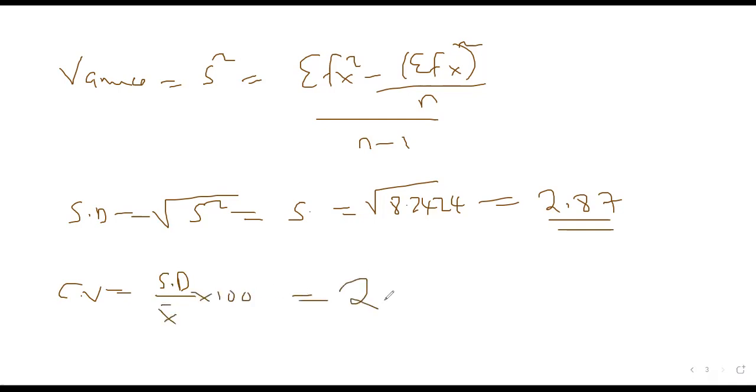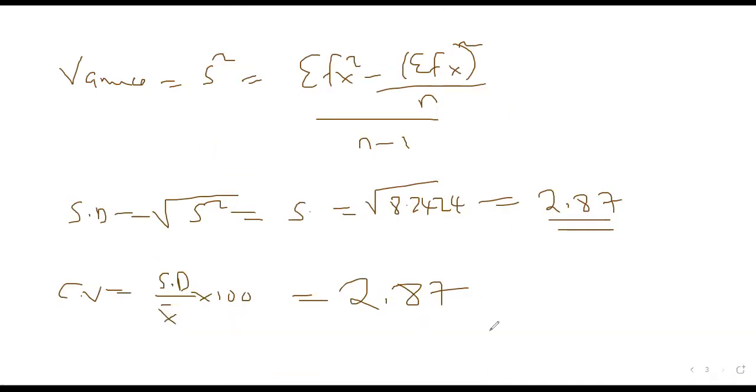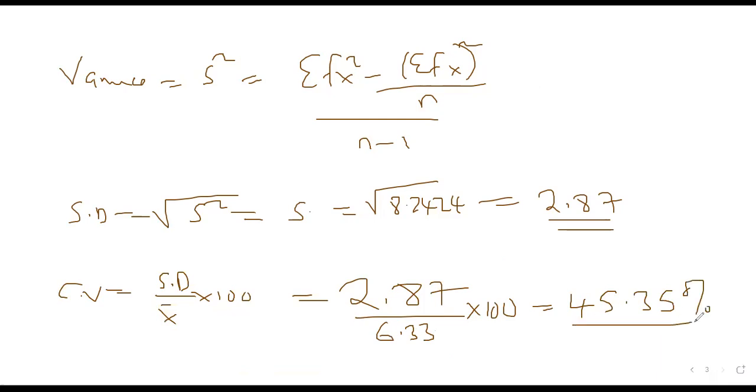So our standard deviation is 2.87, and our mean, which we just found, is 6.33. Our coefficient of variation can be in percentage or in decimal form if you want. So here we're going to get 45.35%. That is called our coefficient of what? Variation. That is how you compute it.